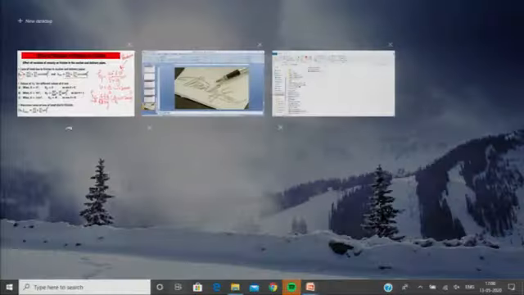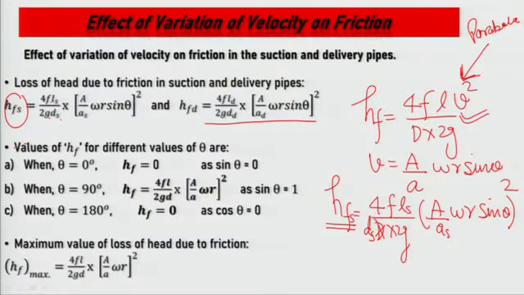So this is the effect of friction in suction and the effect of friction in delivery, calculated using the Darcy-Weisbach equation. This is the major loss; we are ignoring the minor losses.